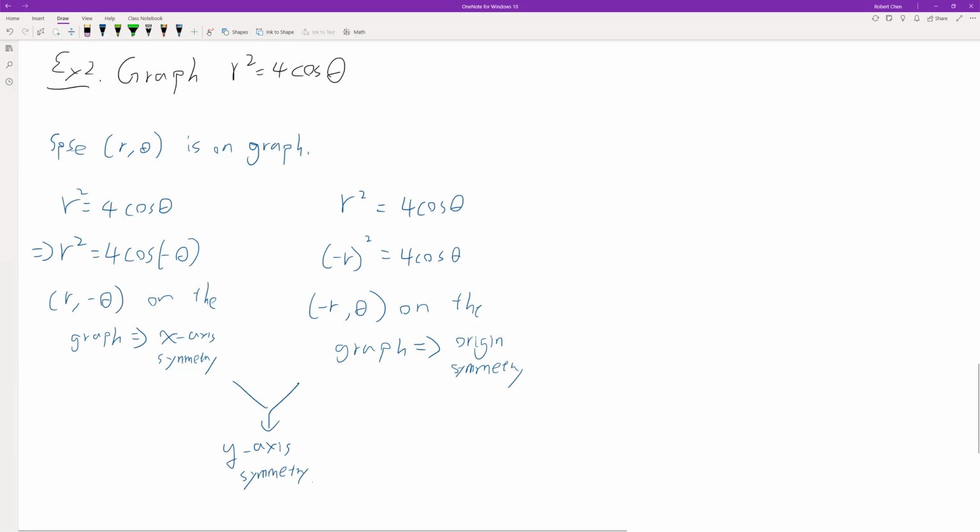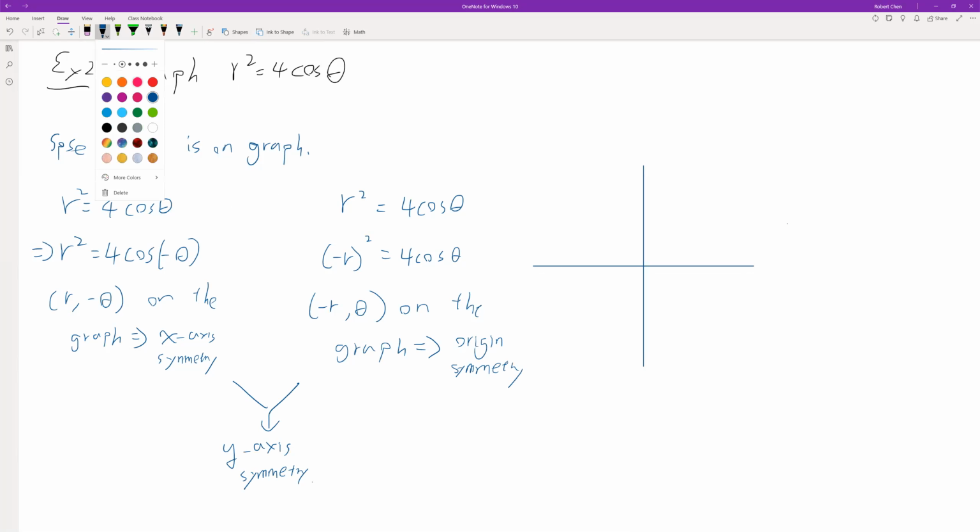Let me show you why. Let's say I figure out the graph in just quadrant one. Let's say it looks like that. Okay, and then we know that's symmetric to the x-axis, so we can draw it like that. And then also symmetric to the y-axis, so we can draw the mirror image from the right-hand side to the left-hand side.